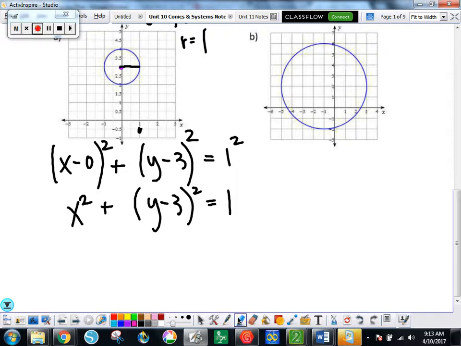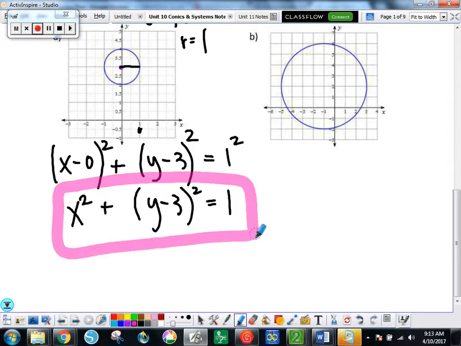So I prefer this as my final answer because it's the most simplified version. Any questions on that one?